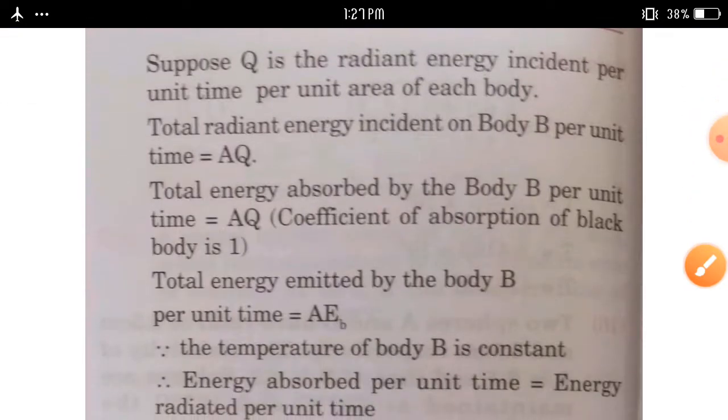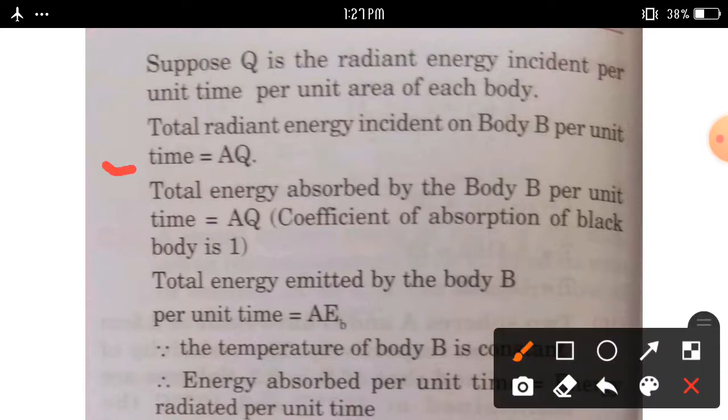Suppose Q be the radiated energy incident per unit time, per unit area of each body. Then the total radiated energy incident on body B per unit time is A into Q. The total energy absorbed by body B per unit time becomes AQ, since the coefficient of absorption of a black body is 1.